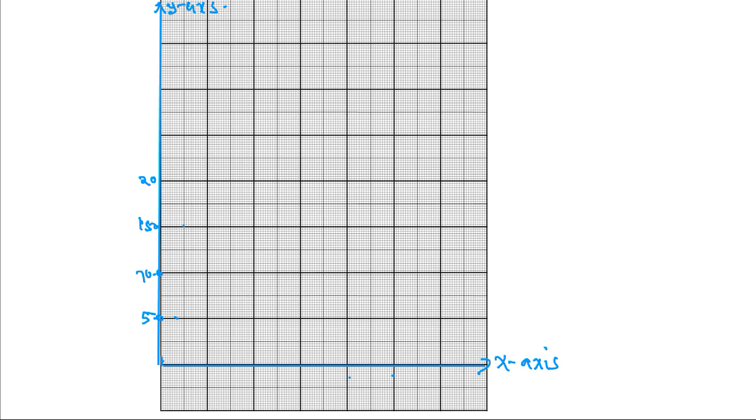So we have 4, 8, 12, 16, 20, 24, 28, 32. That will fit all that we want. It's not starting from 0, so that is broken.